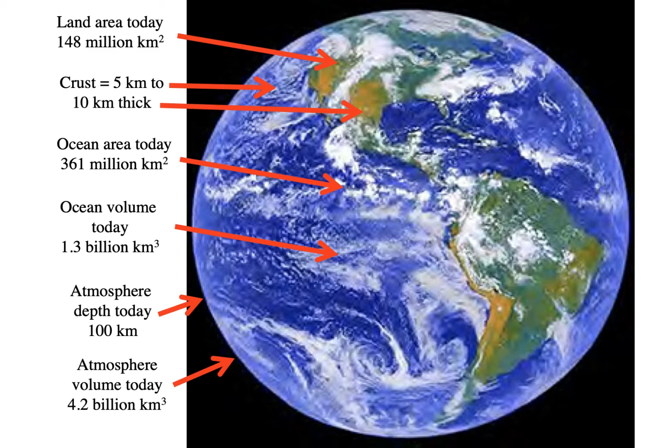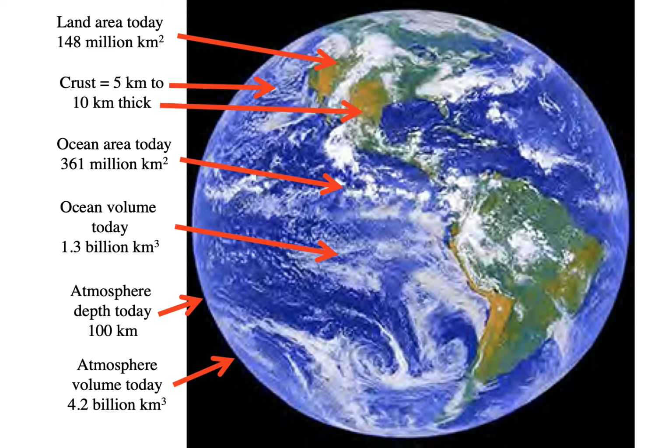The ocean area is 361 million square kilometers. The volume is 1.3 billion cubic kilometers of water today. And then the atmosphere is a depth of 100 kilometers, and the volume is 4.2 billion cubic kilometers.